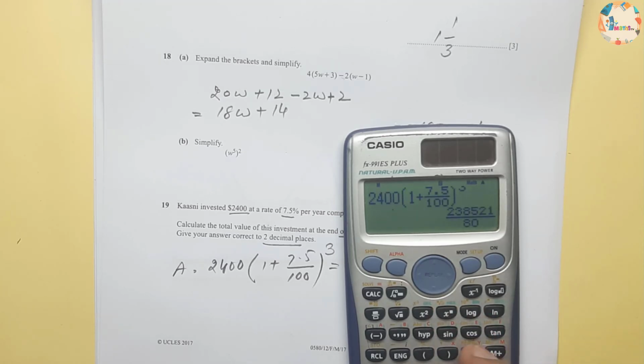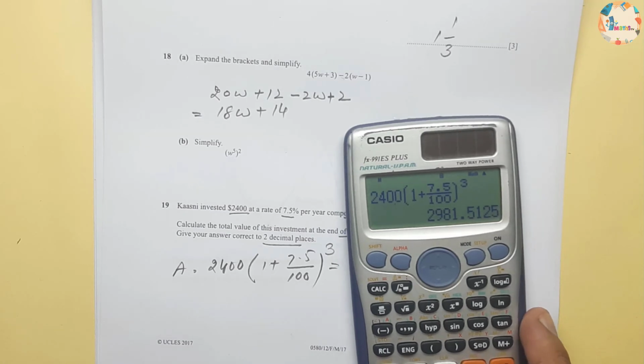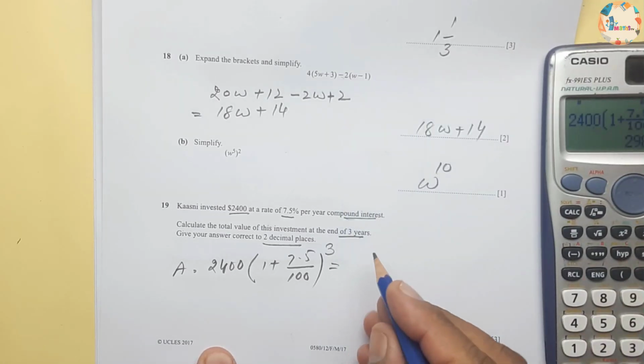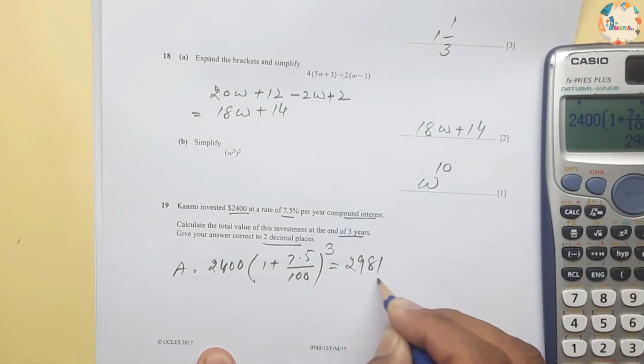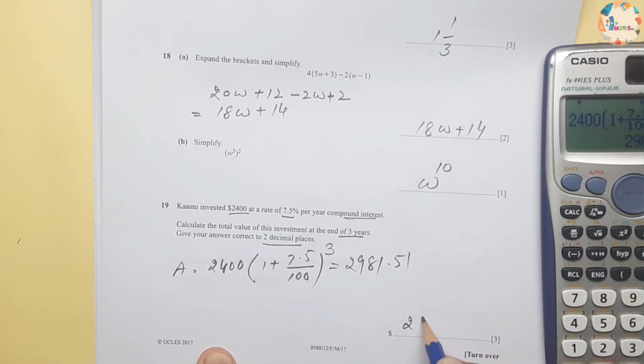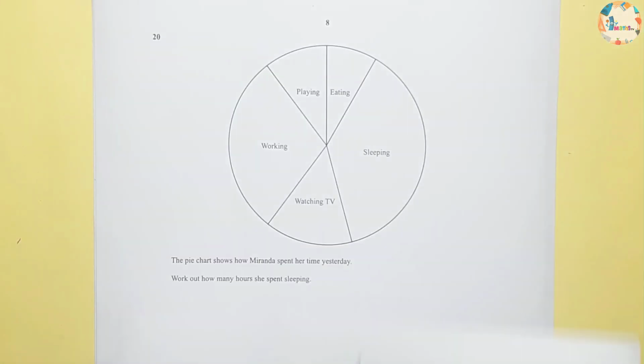This will be equal to 2981.51. So we can write the answer here at the proper place. They are saying 2 decimal places, so we have to write the 51 as well.